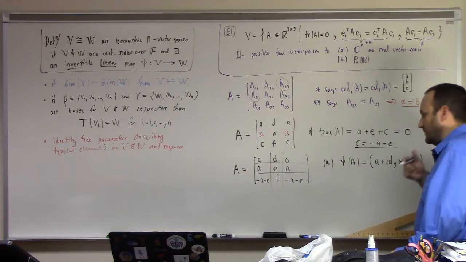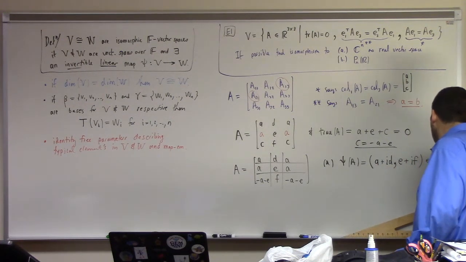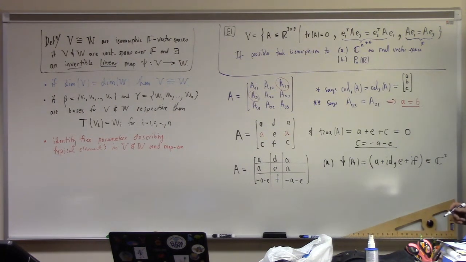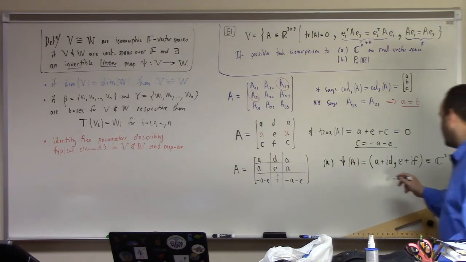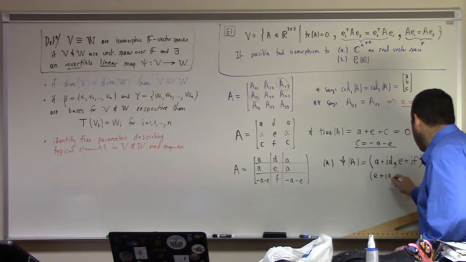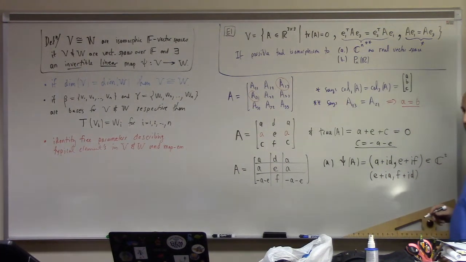That would be an isomorphism to C2, which is 4-dimensional. But there are other options. Oh, absolutely. You could just as well have done e plus i a, f plus i d. I mean, there are infinitely many options.